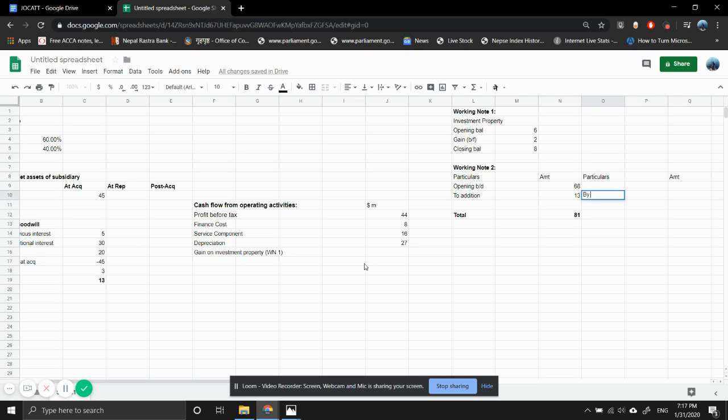So by closing, there should be the same figure over here as well, 81. And then our closing balance is 40, right? So that means there has been an impairment of this minus this, 40.